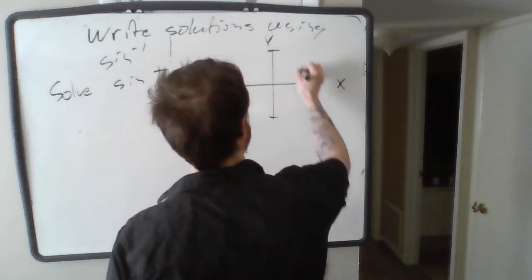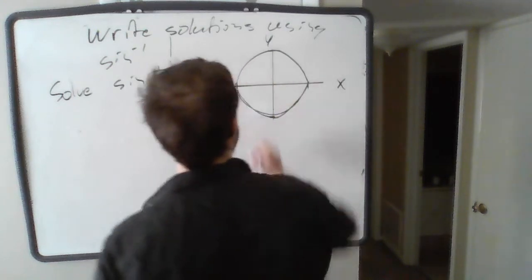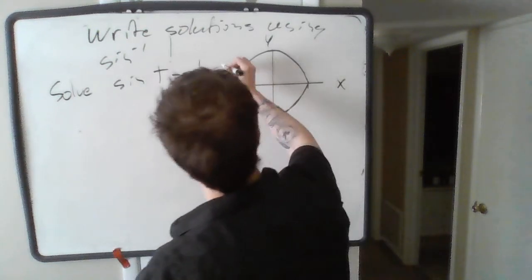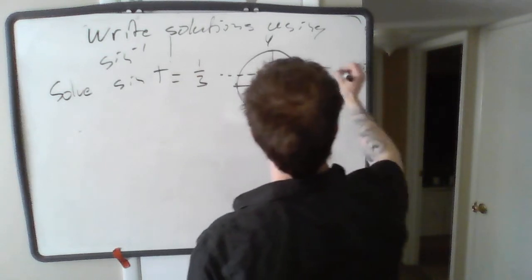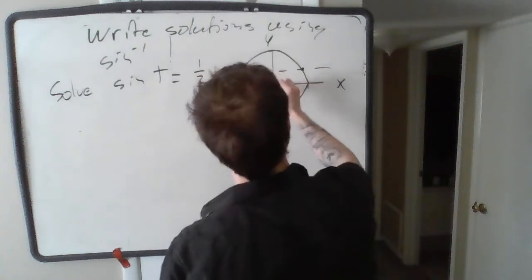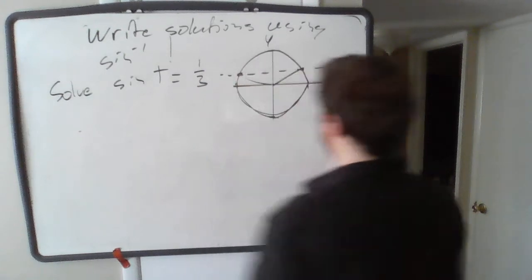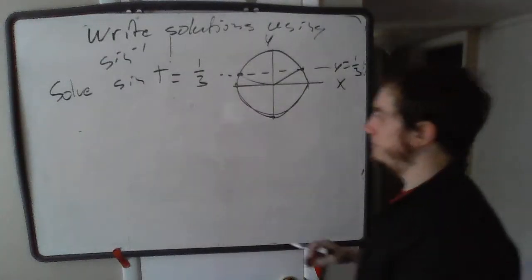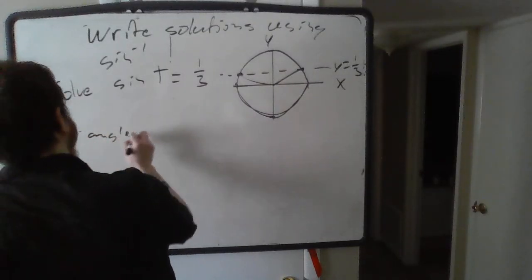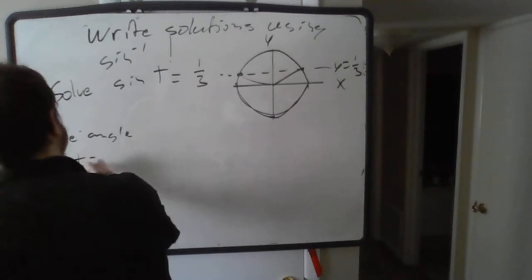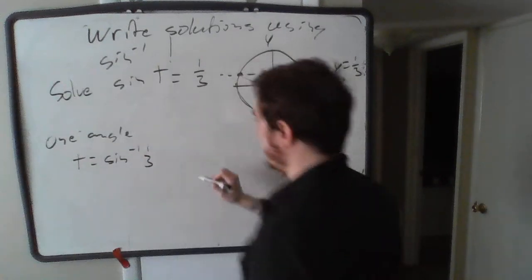Okay, so the point is, I'm trying to find what are the angles that have these terminal points, where this is the y equals 1/3 case. Well, one angle is going to be given by t equals sine inverse of 1/3.